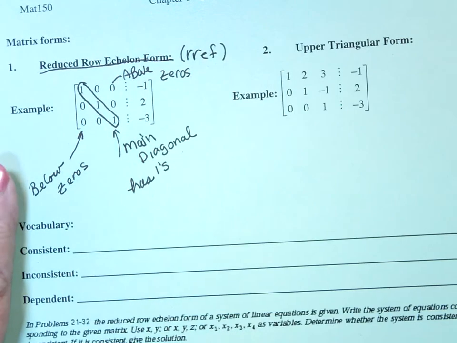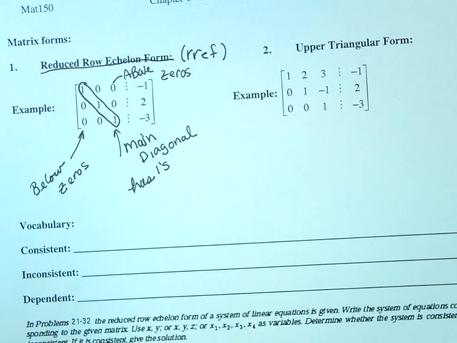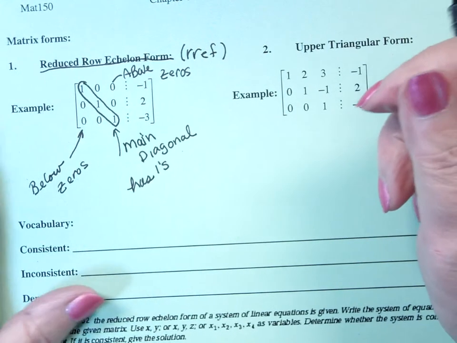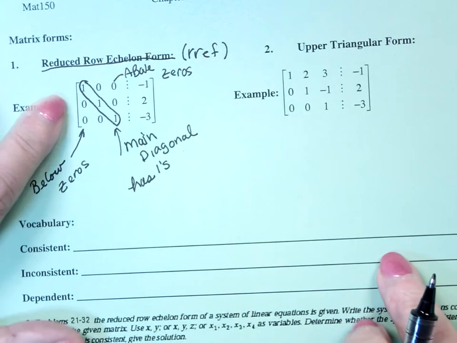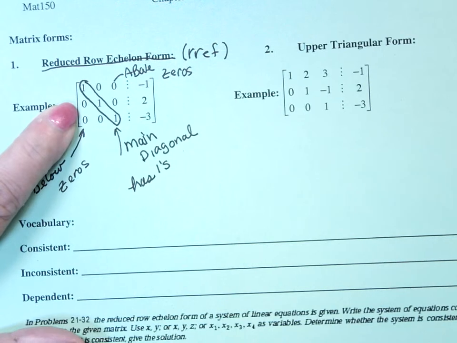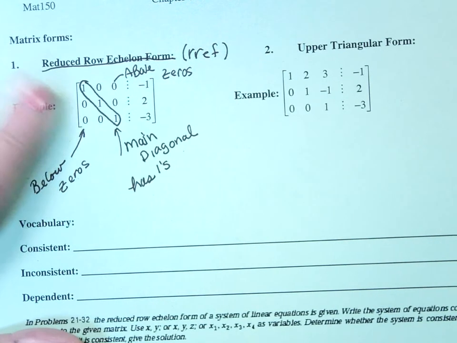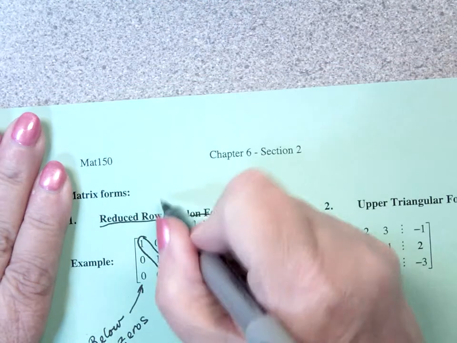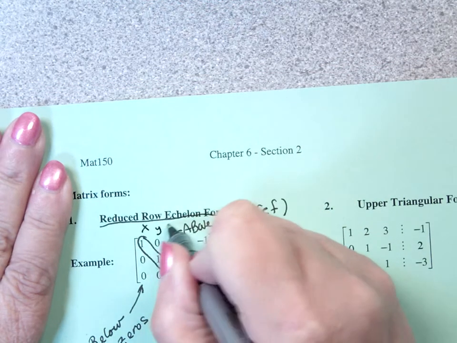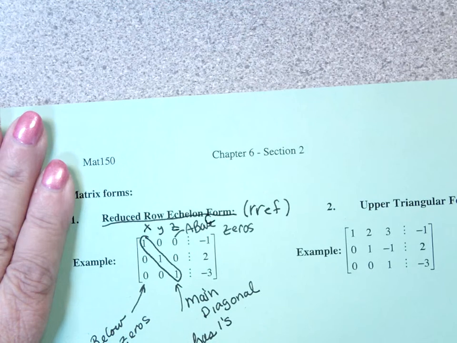And your book has you take the matrices down to that point. That's a pain in the rear to have to do. But take the matrices down to this point. By the way, then you could read off the answer. So if I had something in row reduced echelon form, this would be x, y, z, and constant.